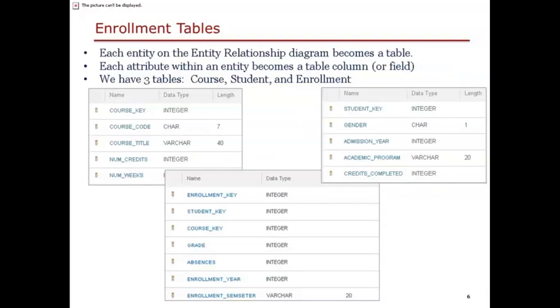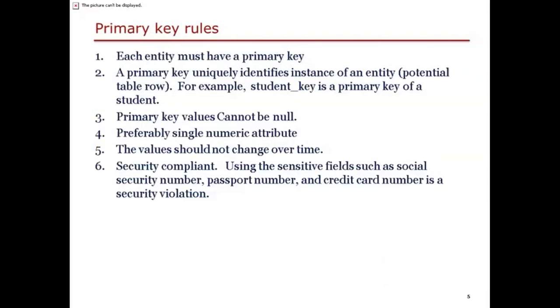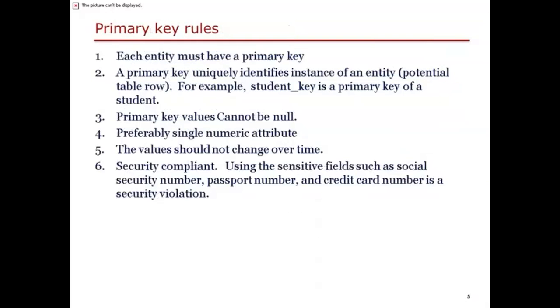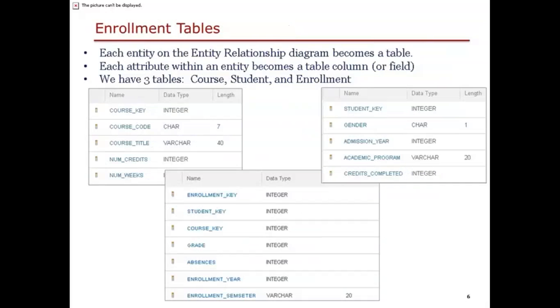But here I'm just trying to illustrate that in my diagram, every single attribute of every entity will become a column in my table. When I do the create table statements, each of these is going to be a column, right? So here it is. We have three tables: student, course, and enrollment.